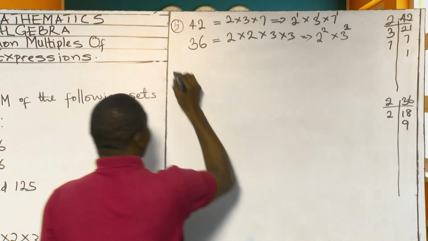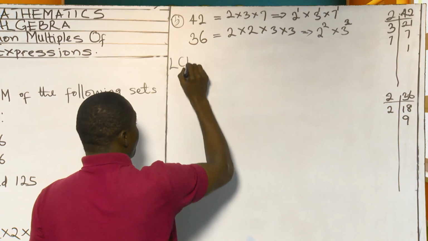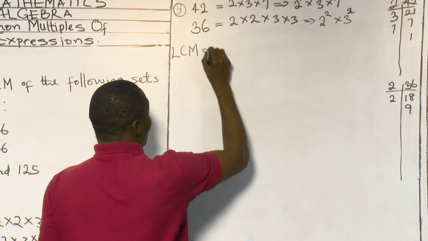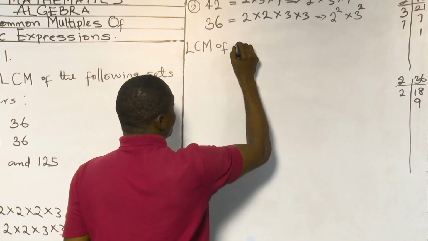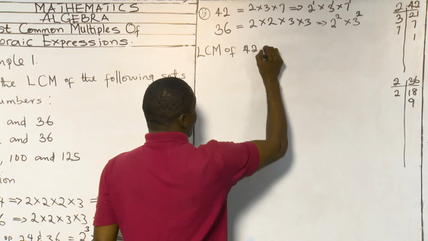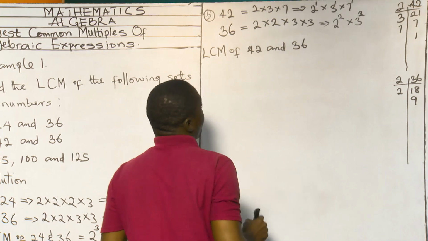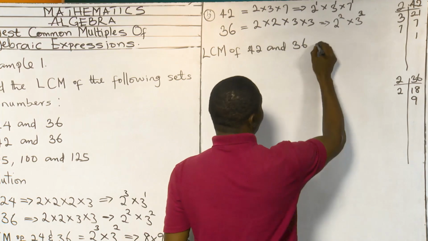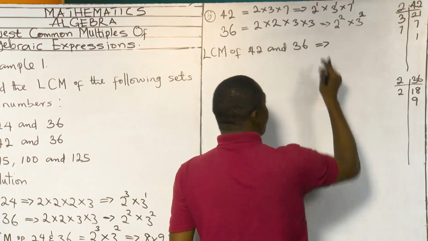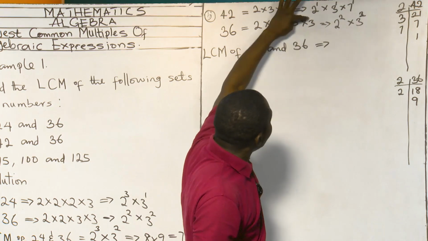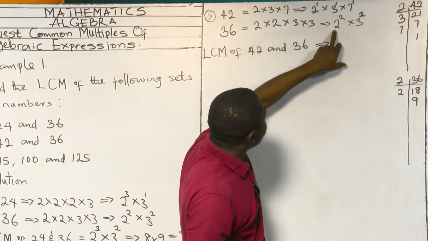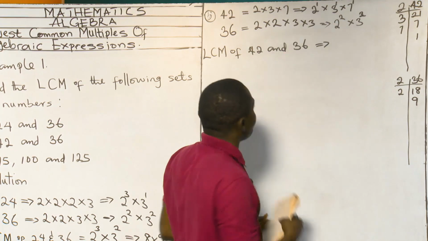Now LCM of 42 and 36 will be equal to, okay, we have base 2 here and base 2 here. This is 2 raised to 2, this is 2 raised to 1.